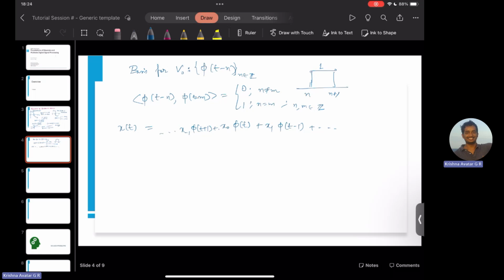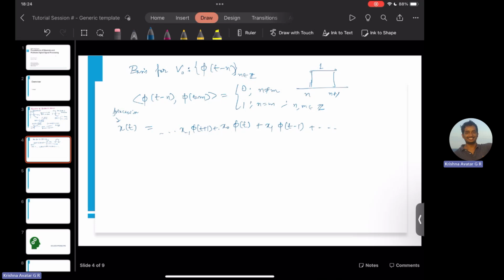So this is a way of saying that we can approximate piecewise continuous functions in this form, right? So this x of t is assumed to be some piecewise continuous function. In general, it need not be, but say we are approximating it.